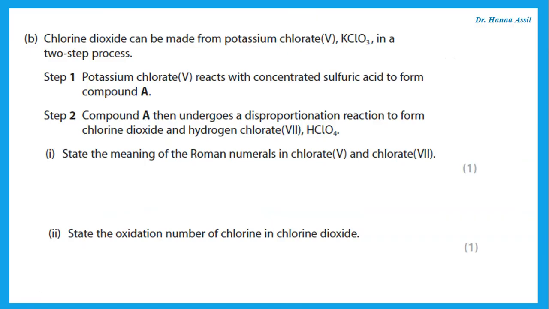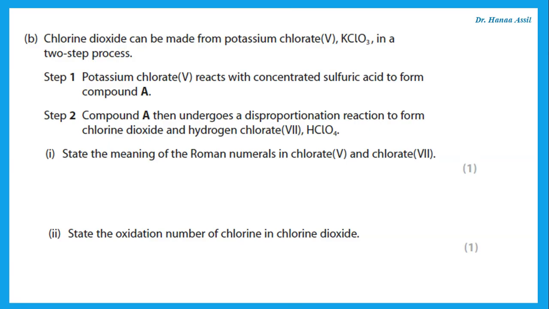Chlorine dioxide can be made from potassium chlorate in a 2-step process. Potassium chlorate reacts with concentrated sulfuric acid to form a compound A, and then compound A undergoes a disproportionation reaction to form chlorine dioxide and hydrogen chlorate.